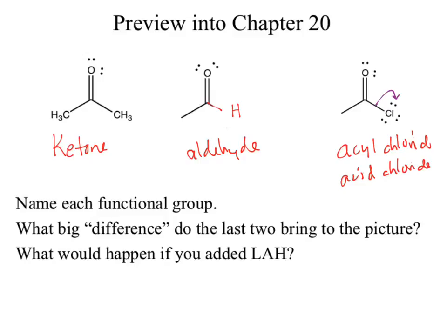So what would we end up with? It reacts a second time to add a second hydrogen. We permanently lose the pi bond. We'd end up with our negative charge, and we'd follow this up with our acid, and we would end up with our primary alcohol. Interesting.